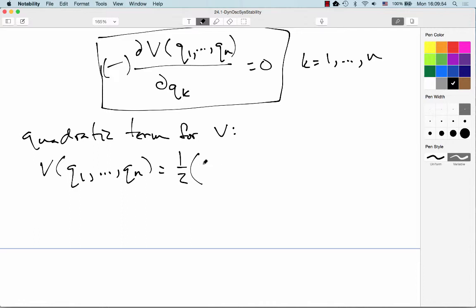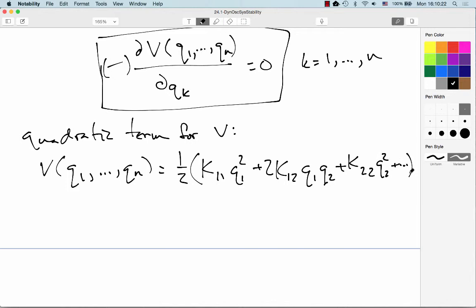We'll call them coupling constants. So first one we'll call K11, and that'll be times Q1 squared. Now we could also have a possibility of, say, we'll write it as 2K12 Q1 Q2, because it's possible that two elements are connected together by something, plus K22 Q2 squared, plus and so forth.